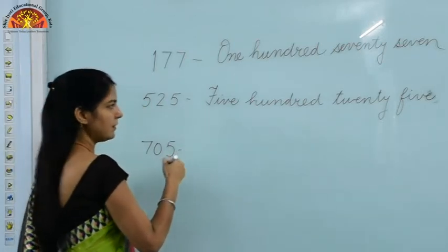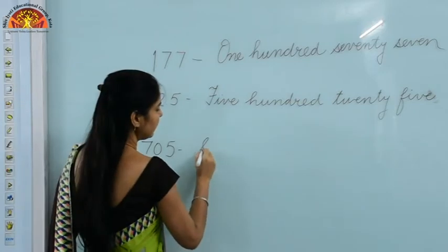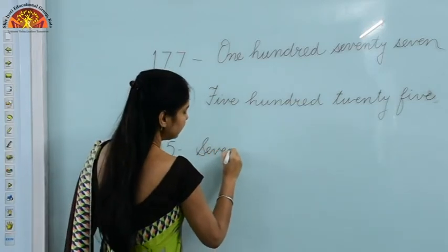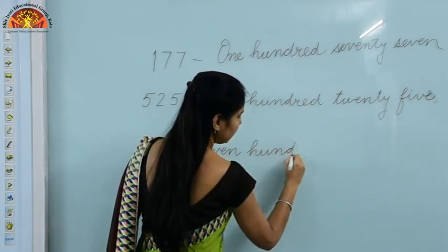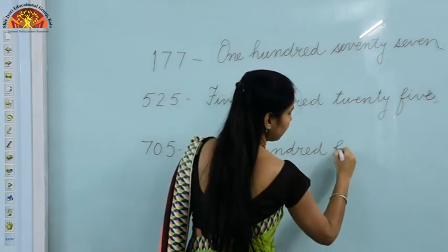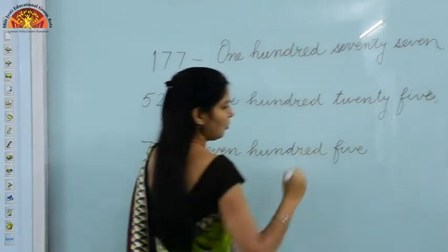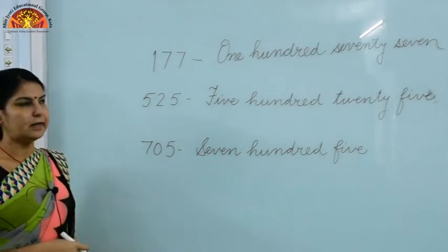And how will we write the spelling? How will we write the number name of this number? 705. Now I hope you have understood and you can read the numbers very easily now.